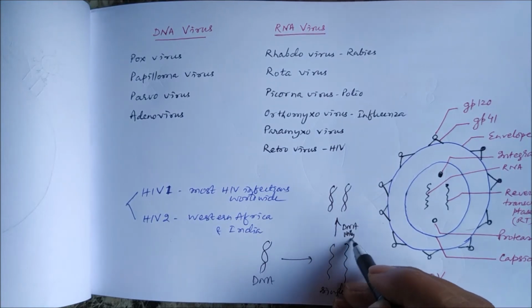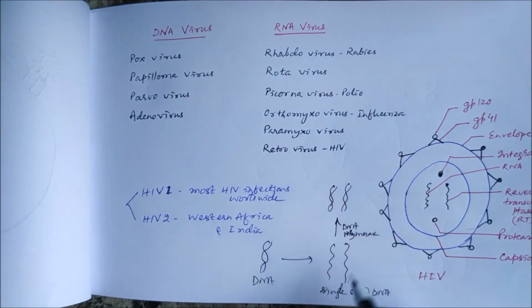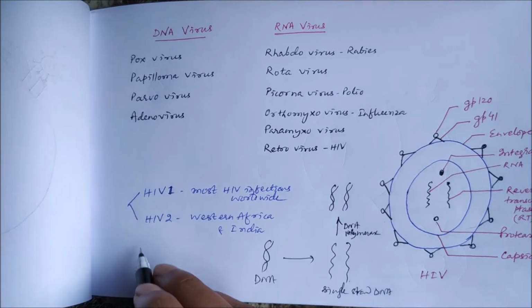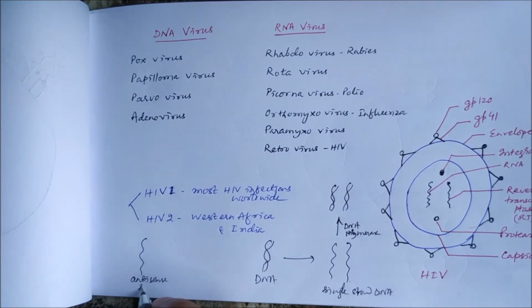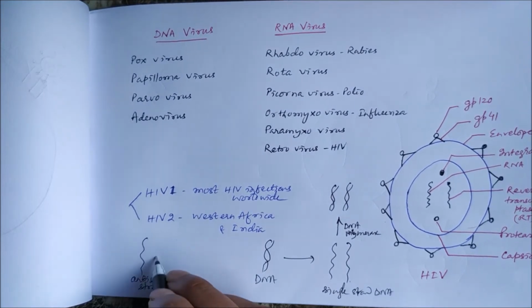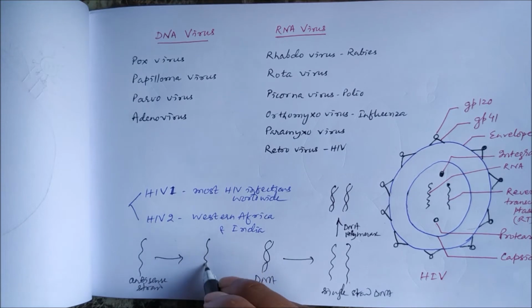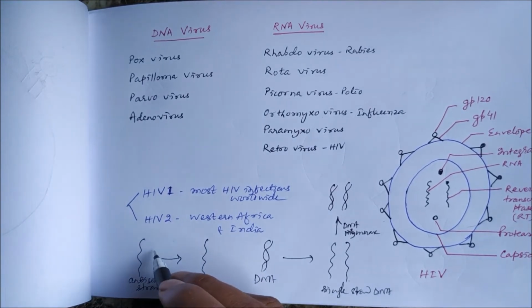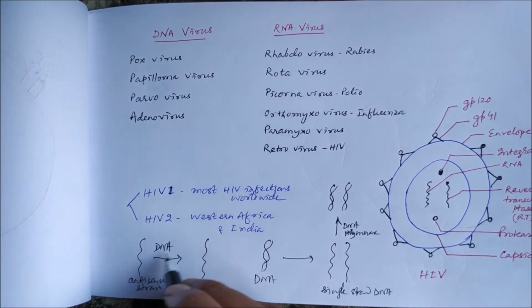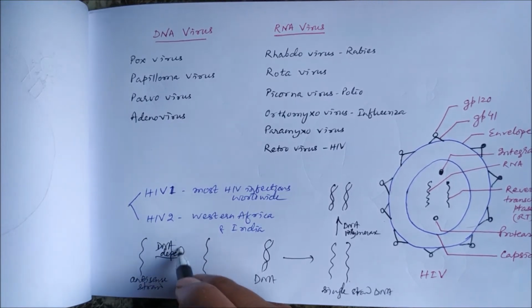and out of these two strands, one strand is called the sense strand and the other is called the antisense strand, and the antisense strand of DNA helps to synthesize your messenger RNA, and the enzyme here is DNA dependent RNA polymerase.